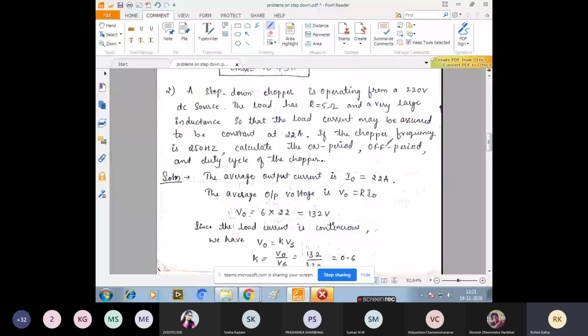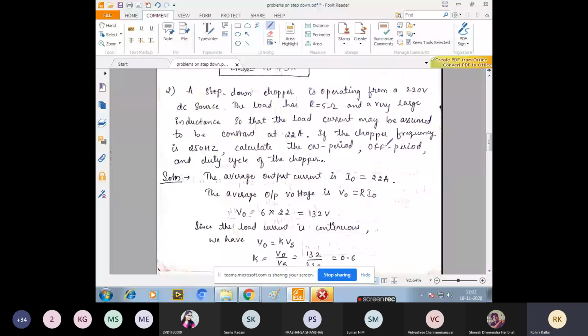Okay, now in the previous problem we had calculated what is average output current or load current. Here it is mentioned directly that the load current is constant at 22 amps. If the chopper frequency F is 250 hertz, calculate the on period, off period and the duty cycle of the chopper.